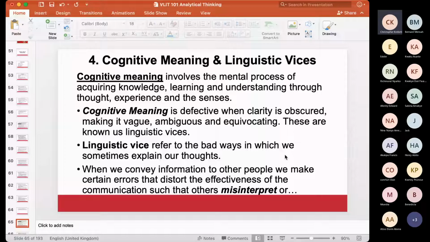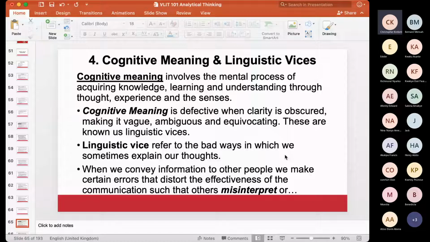That information can have problems. The problems of vagueness, ambiguity, and equivocation that are disclosed in cognitive meaning are what we refer to as linguistic vices. When we talk about linguistic vice, we are talking about the bad ways in which we sometimes explain our thoughts.